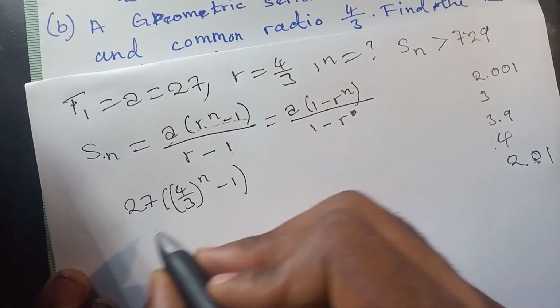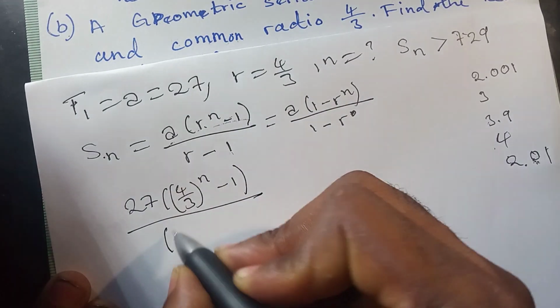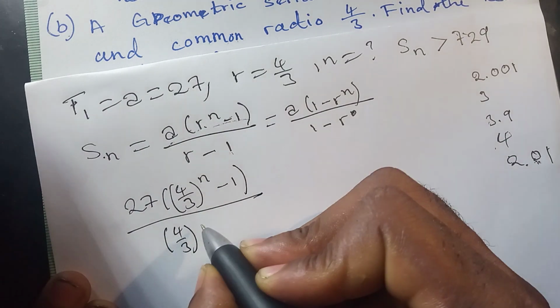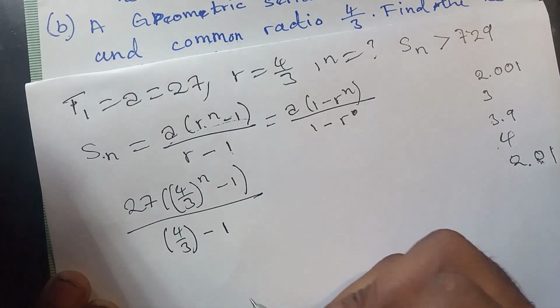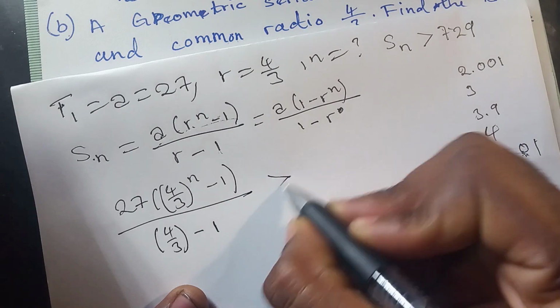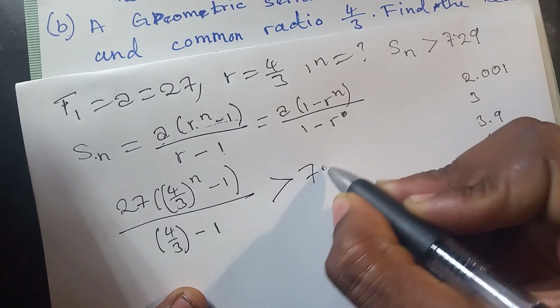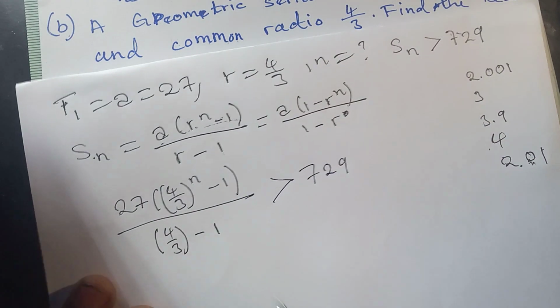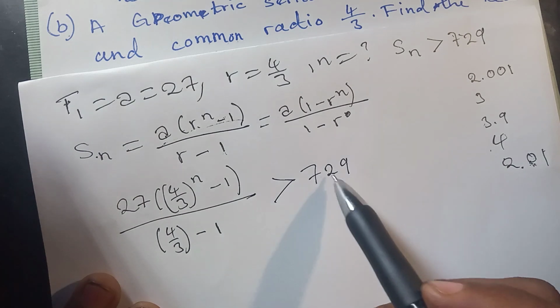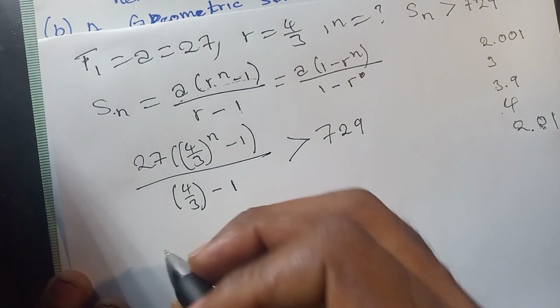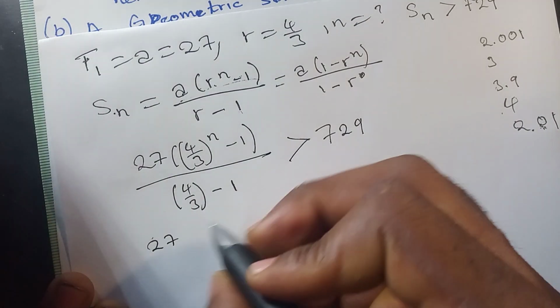minus 1, everything over 4/3 minus 1, and then this must exceed 720. Whatever this is must be greater than that. So now we have 27.